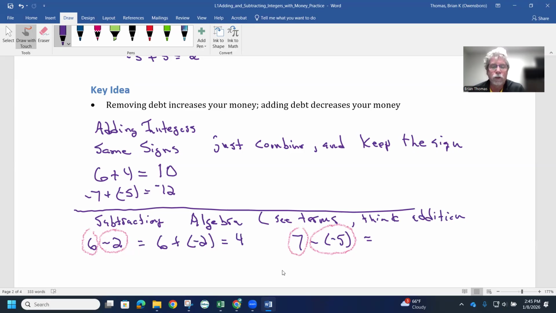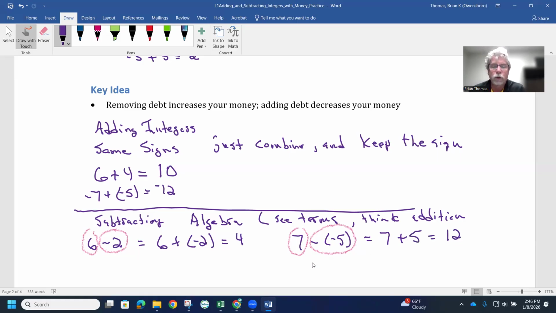In math, this dash kind of stands for take the opposite of a negative 5. If you see a dash in front of parentheses in algebra, that means to take the opposite of what's inside the parentheses. The opposite of a negative is actually a positive. So my two terms are a 7, and I'll put a plus sign for the word and, and the opposite of negative 5 is a positive 5. So 7 plus 5 becomes 12.